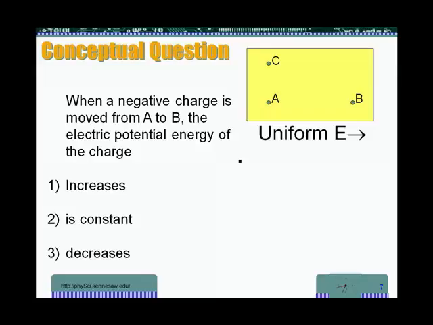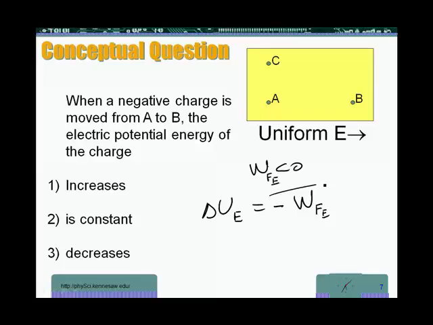Now, the change in potential energy due to that electrical force is going to be the negative of the work due to the electrical force. That's the definition of the change in potential energy.